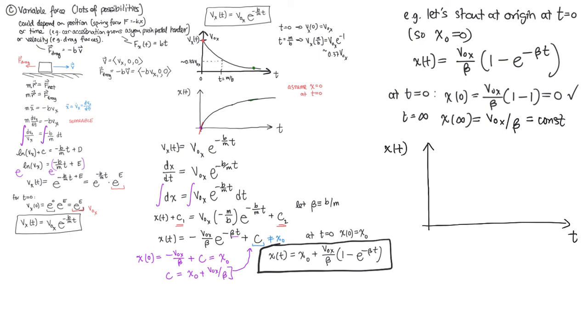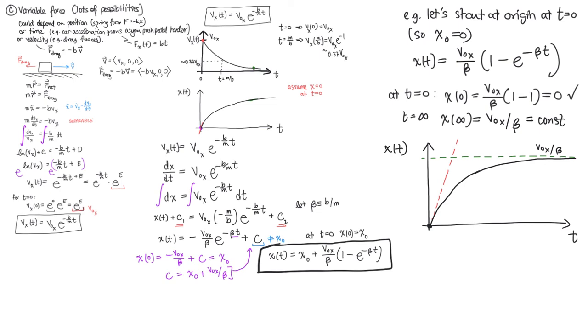We know that we begin with a steep slope, and we end basically with this asymptotic value of v naught x over beta, and we're starting at the origin. So we need to connect these. We have this exponential rise, and then that function flattens and asymptotically approaches the constant value v naught x over beta.